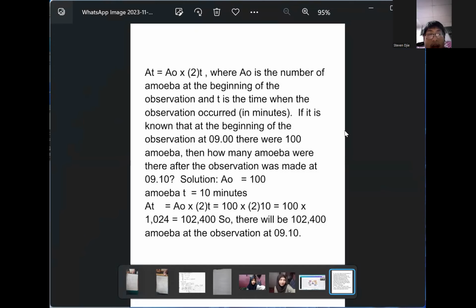The solution: A0 is equal to 100 amoebas, t is equal to 10 minutes, and A(t) is equal to A0 multiplied by 2 to the power of t, which is 100 times 2 to the power of 10, 100 times 1024. So that is equal to 102,400. So there will be 102,400 amoebas at 10 past 9 o'clock observation.